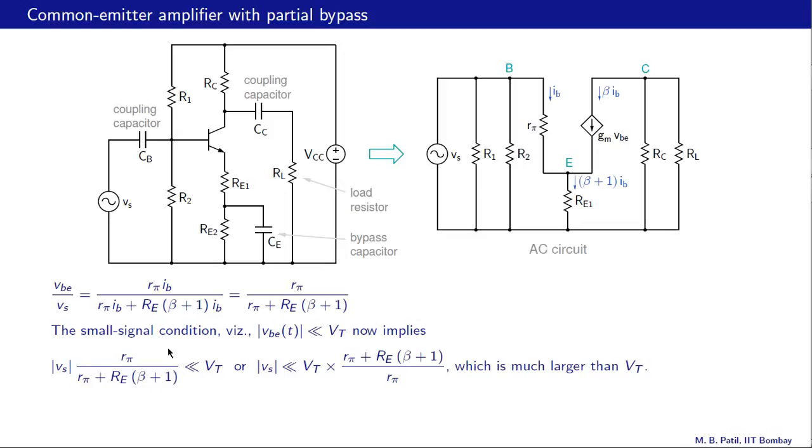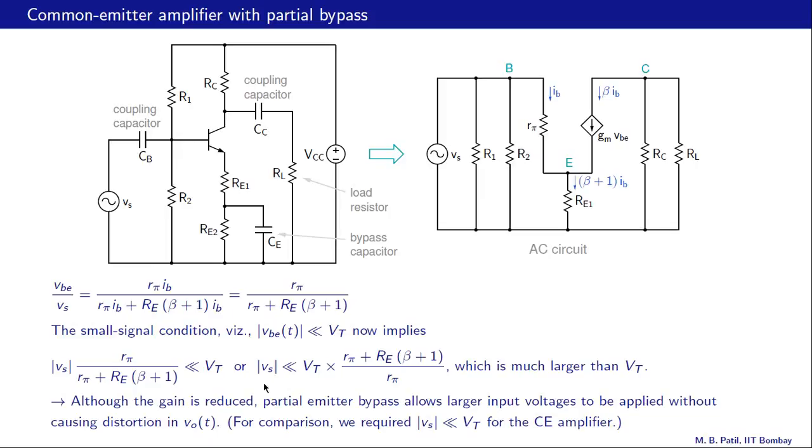Or taking this to the other side, we require the magnitude of Vs to be much smaller than VT times R pi plus RE1 times beta plus 1 divided by R pi. Now this factor is generally much larger compared to 1, therefore this whole expression here is much larger than VT.